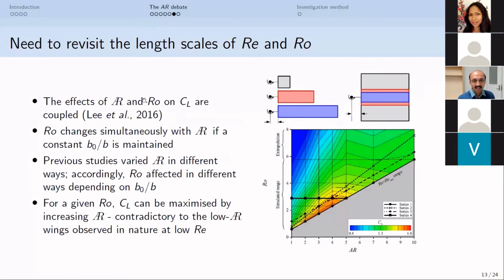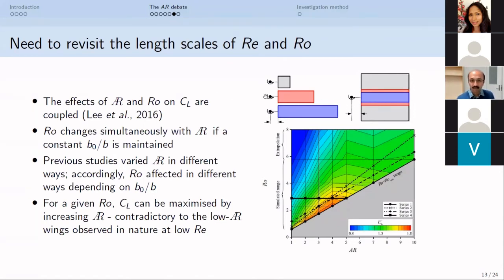Now, there was another study by Lee et al. from Singapore, where they observed the coupled effects between aspect ratio and Rossby number. Here, Rossby number is basically changed by changing the radius of gyration in two different ways. In the first set shown at the top schematic, the aspect ratio is changed by stretching the wing in the spanwise direction, whereas in the second set, the aspect ratio is changed by compressing the wing in the chordwise direction.